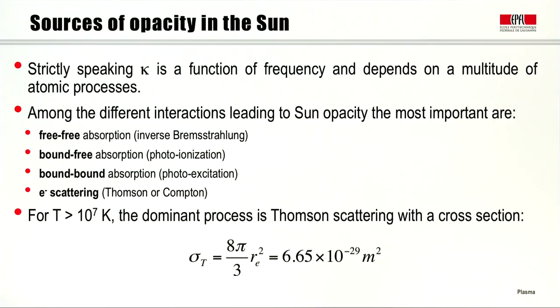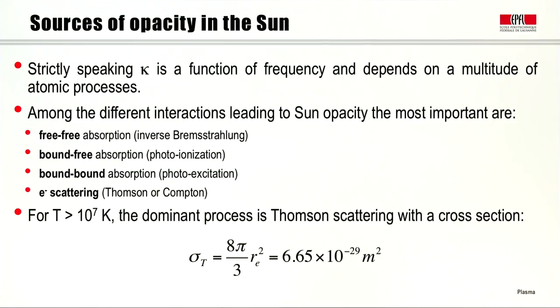Which are the sources of opacity in the Sun? Strictly speaking, the opacity is a function of the frequency of the electromagnetic radiation and also depends on a multitude of atomic processes. In the Sun, among the different interactions leading to opacity, the most important are the inverse Bremsstrahlung, or free-free absorption, the bound-free absorption, or photoionization, and the bound-bound absorption, or photoexcitation.